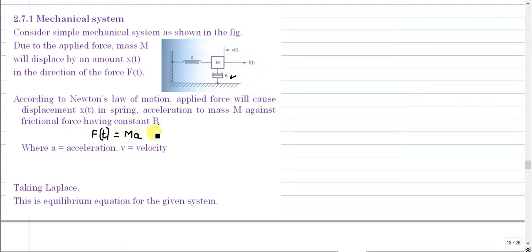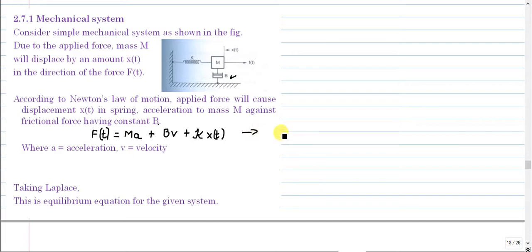For friction, you can take it as b into the rate of change of displacement, nothing but velocity, b into v, and one more, k into the displacement, that is x of t. So this will be your force differential equation, where a is the acceleration and v is the velocity.